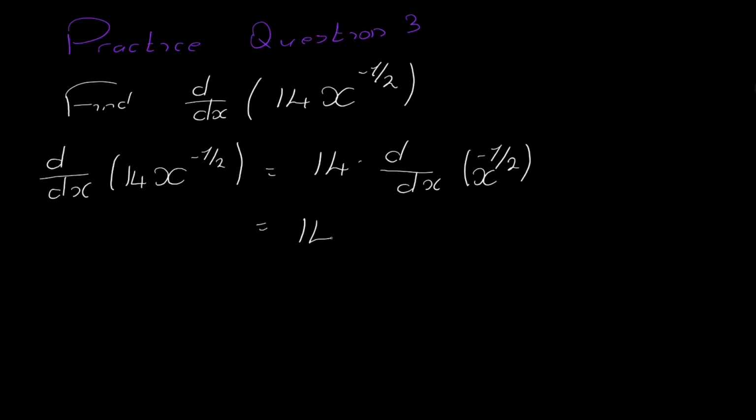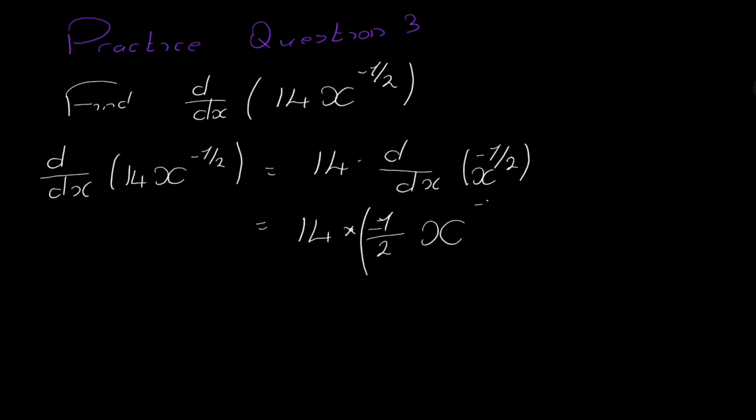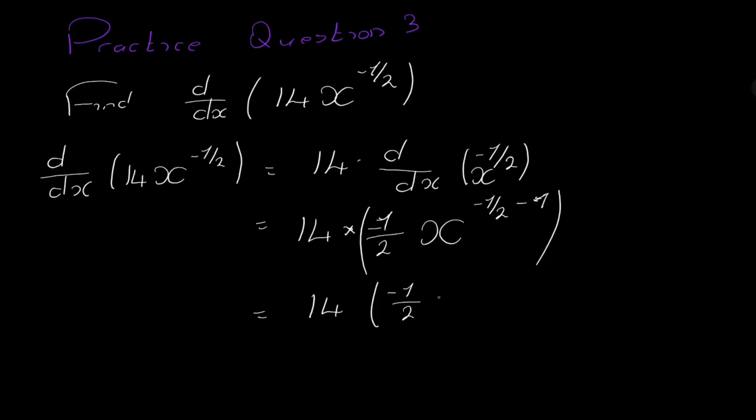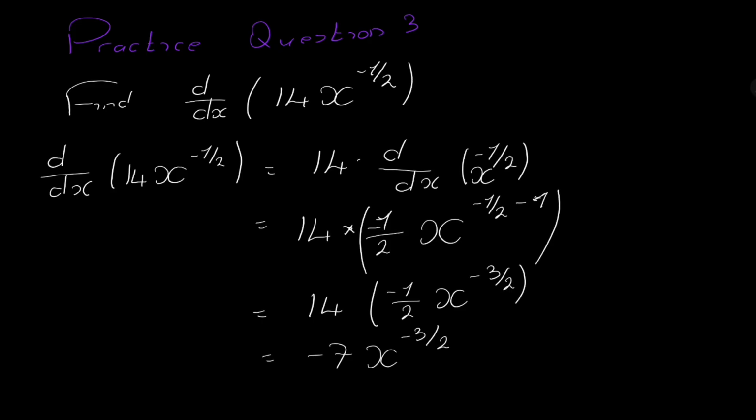What do we know? From our previous video, we differentiated this function, so we know that the answer of this is negative half, times, and let me put all of this in brackets, x to the power negative half minus 1, which gives us 14 times negative half x to the power minus 3 on 2, which gives us negative 7 x to the negative 3 on 2.